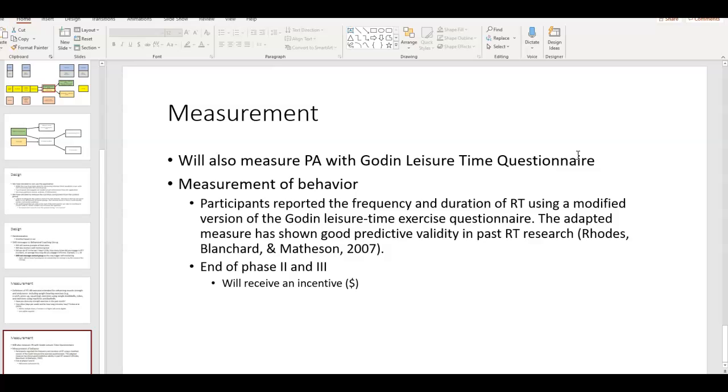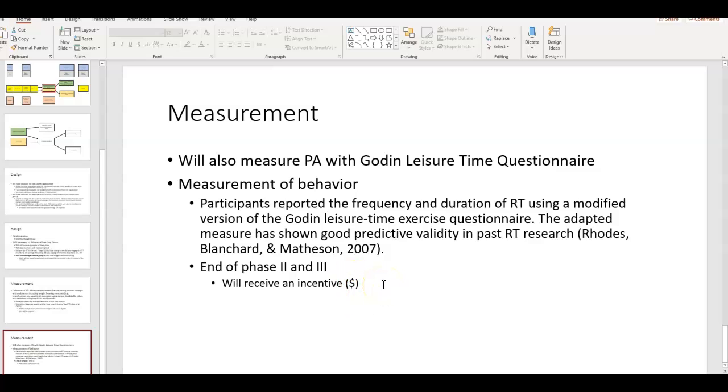It was used by Rhodes in his 2016 paper, and Rhodes is the one that wrote the 2017 systematic review. Participants will report the frequency and duration of resistance training using a modified version of the Godin Leisure Time Exercise Questionnaire. The adapted measure has shown good predictive validity in past resistance training research. This will be measured at the end of phase 2 and phase 3, and participants will receive a monetary incentive when they fill out the questionnaire.